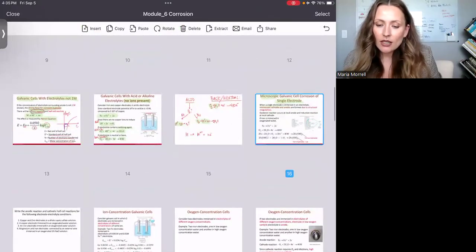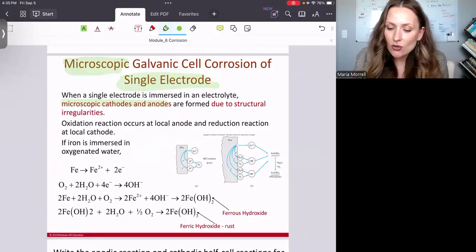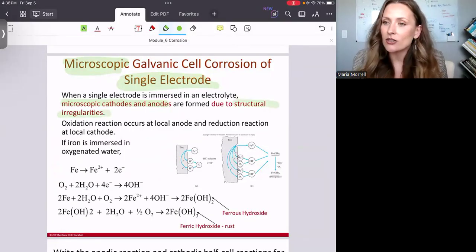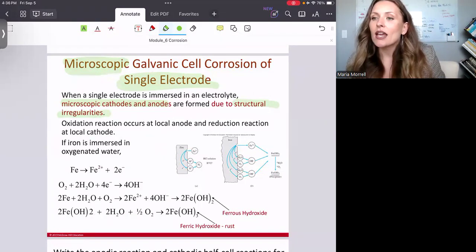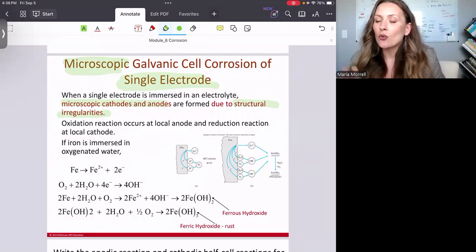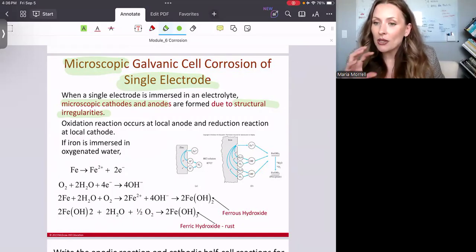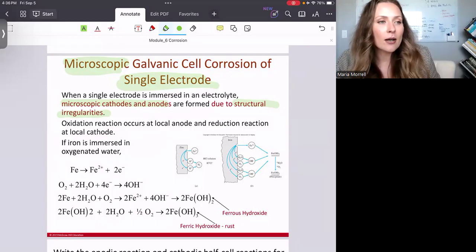You can set up a galvanic cell just due to structural irregularity, just that alone. If you have a certain imperfection in your material, that alone will set up a galvanic cell. The structural irregularity could also be on a microscopic level.